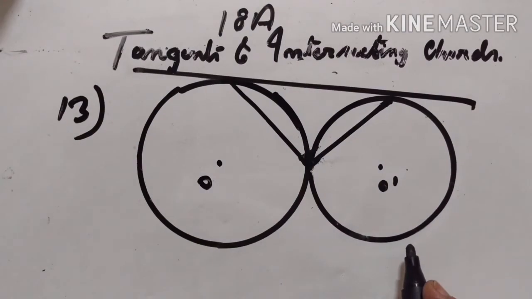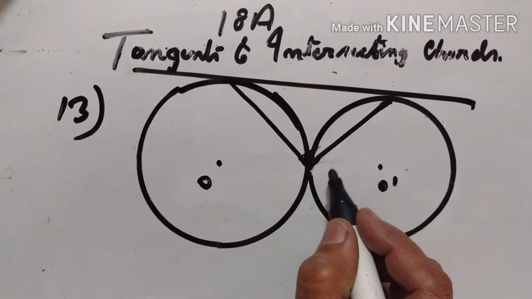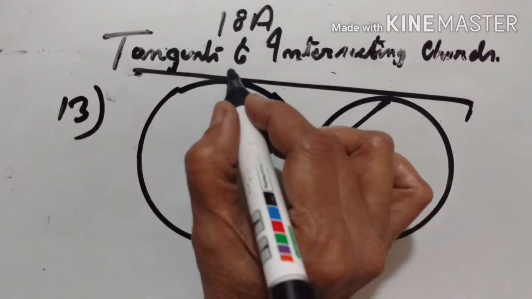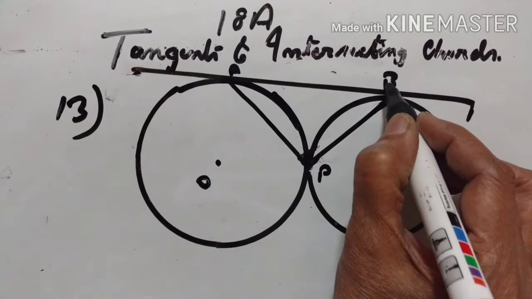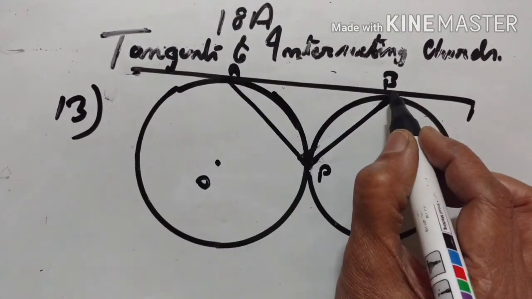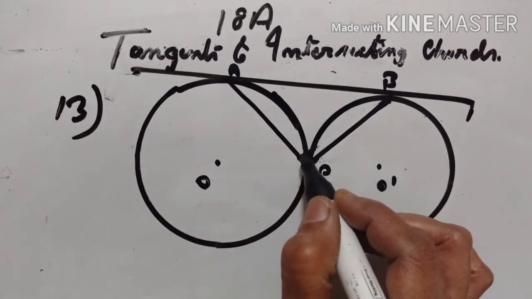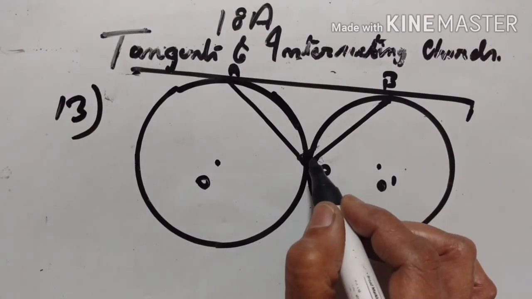13th problem. In this figure, two circles touch each other externally at point P. AB is the direct common tangent of these two circles. We have to prove that tangent at point P bisects AB.